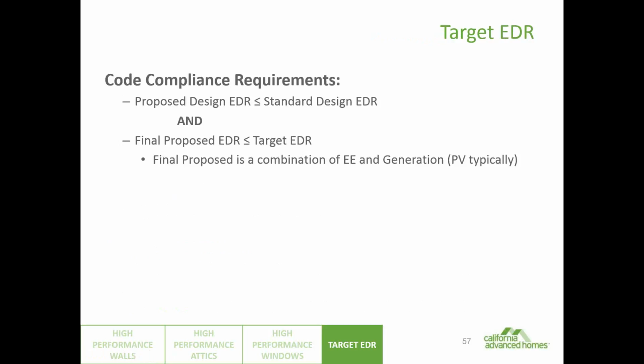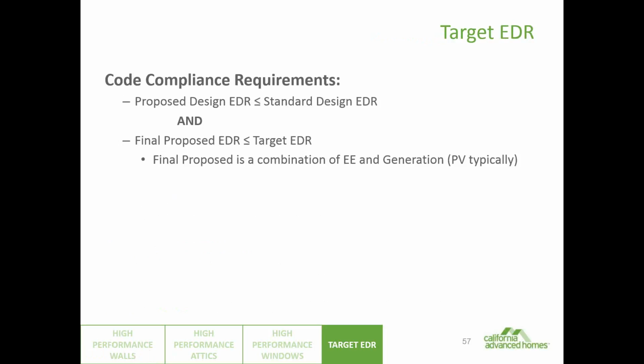And your final proposed EDR has to be less than or equal to your target EDR. And so your final proposed EDR is that combination of efficiency and generation. So one number is, you're no longer going to make the building comply. You've got to comply to both.